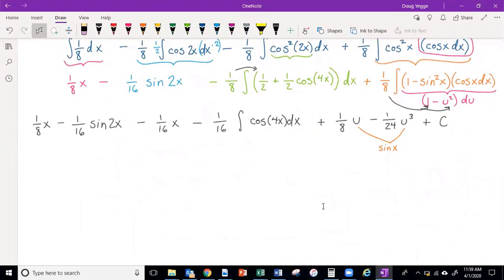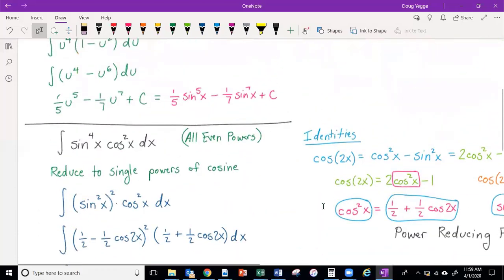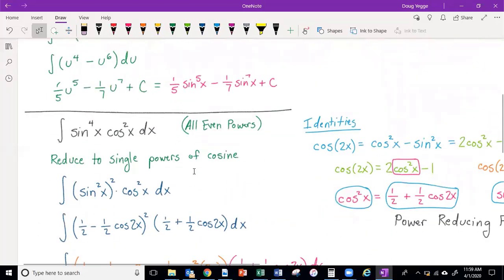Can I just mention, as we stop for a second, let's scroll back up. The reason this is such a challenging problem is that if you look at how many even powers we have, we basically have three even powers: sine squared x, another sine squared x, and a cosine squared x. So the point is finding the easiest way to reduce this. It doesn't matter how you choose to reduce it, just reduce it in whatever way you can.